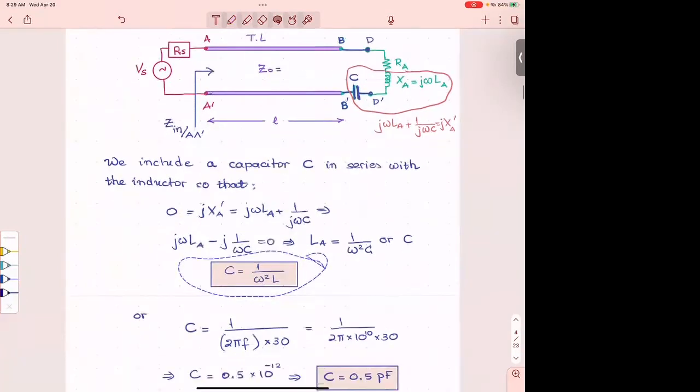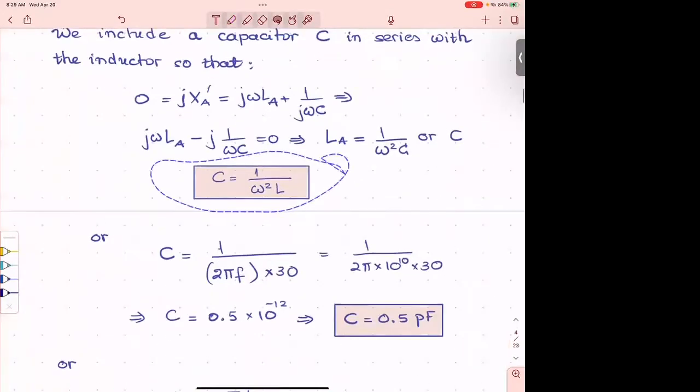If I can conserve a little bit of computation, I just write that as 1 over omega and whatever the imaginary part is of the load. So practically I put it here and I find that a C of 0.5 picofarads will cancel my inductance completely at the frequency of 10 gigahertz, which is now called the design frequency because I'm designing there for only that frequency, all right?